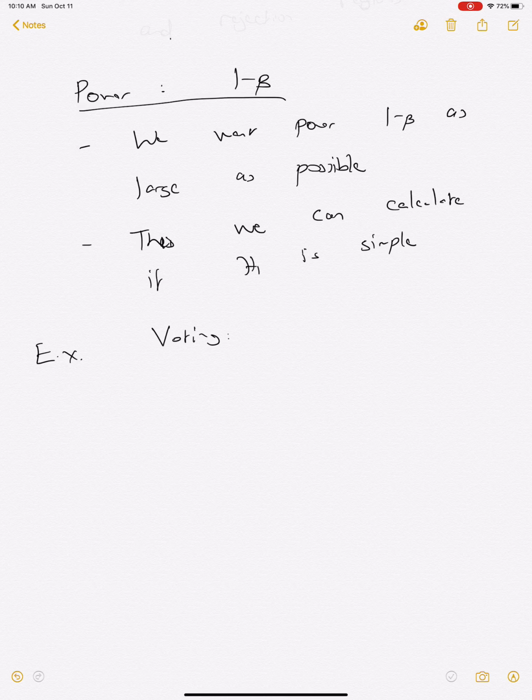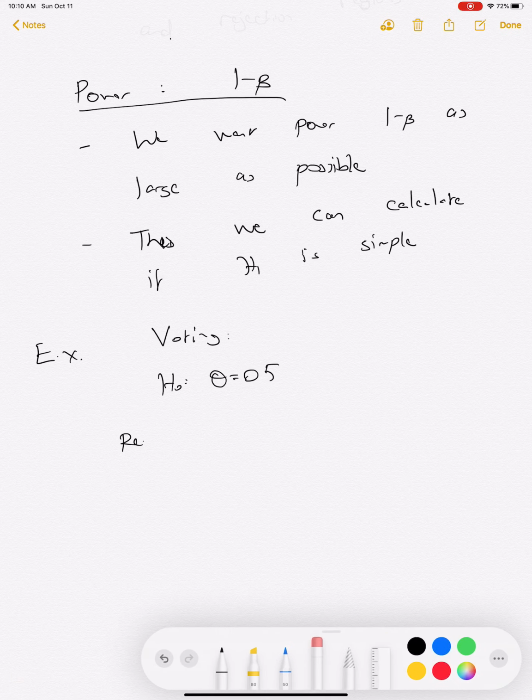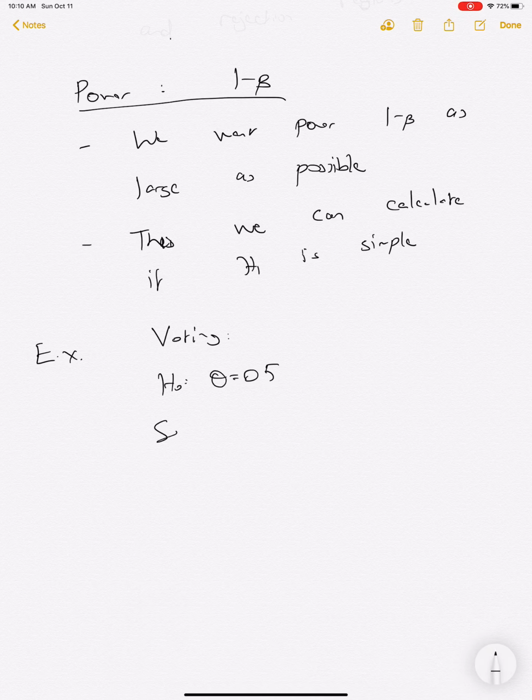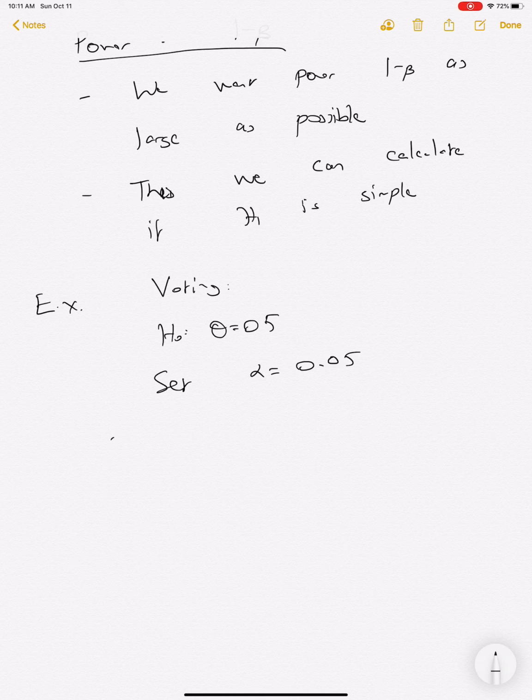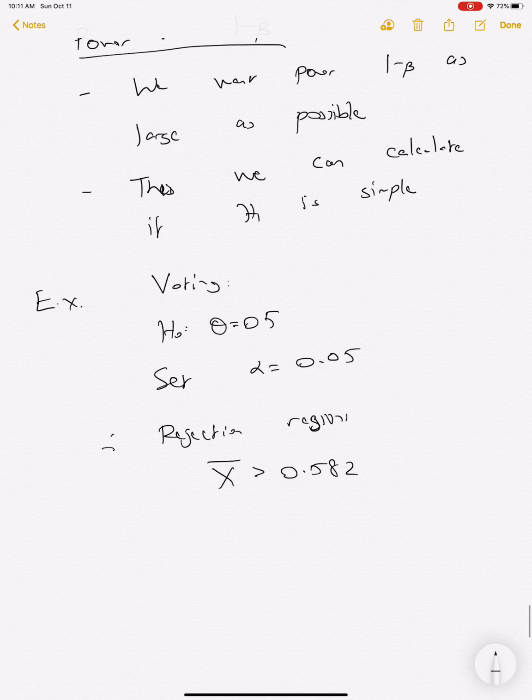So here H0 is theta equals 0.5, and we set alpha equal to 0.05, and we therefore have the rejection region is going to be x bar bigger than 0.582. This is something we've already calculated.